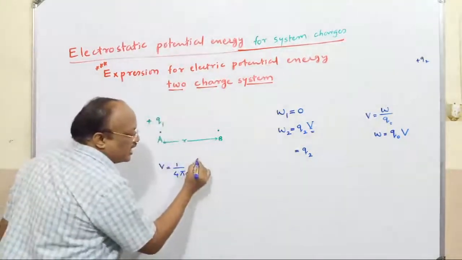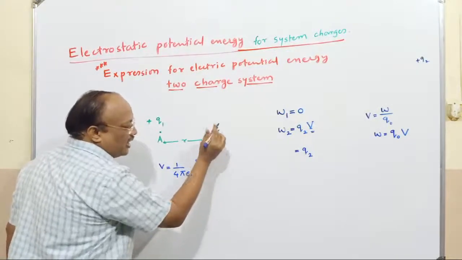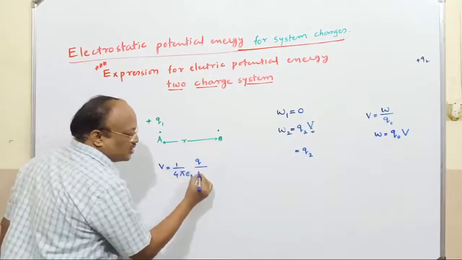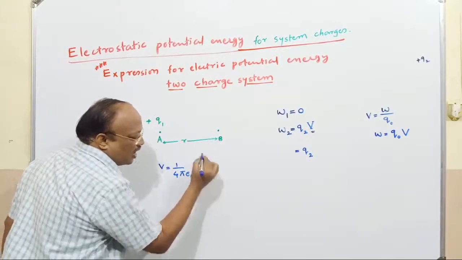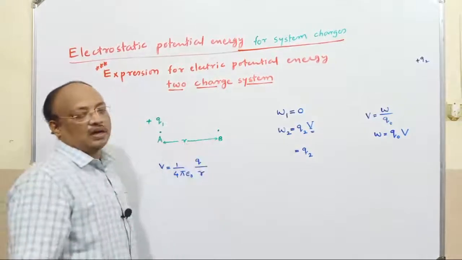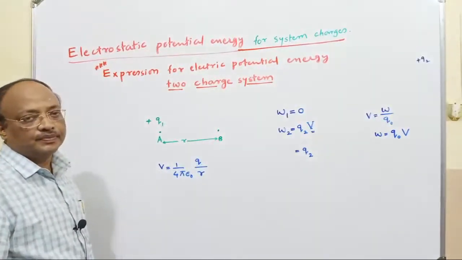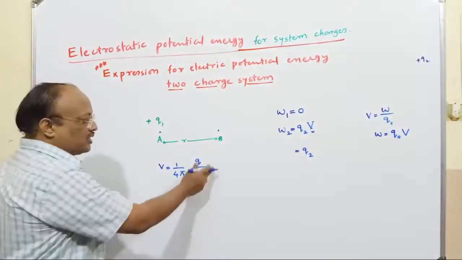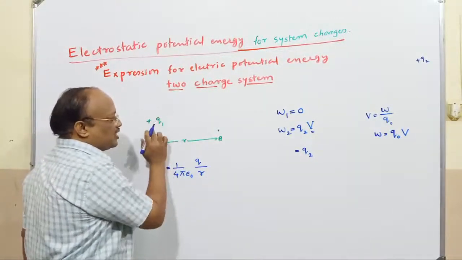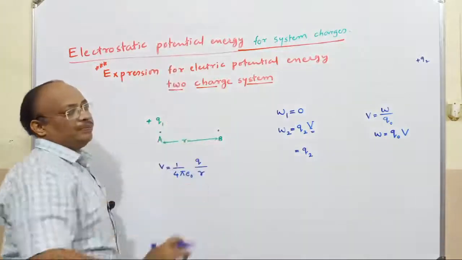Q1 is creating the potential at B. How far is this? It is at a distance of r. So this is the potential that Q1 has generated at B.